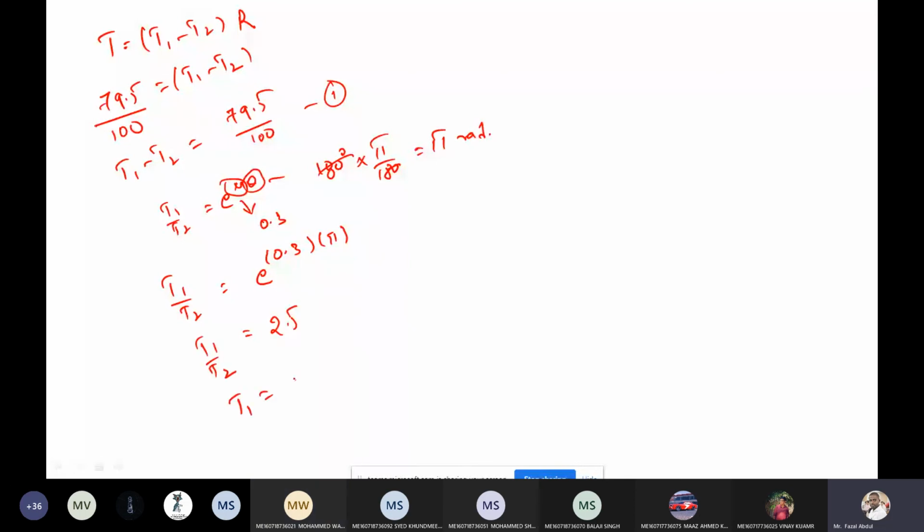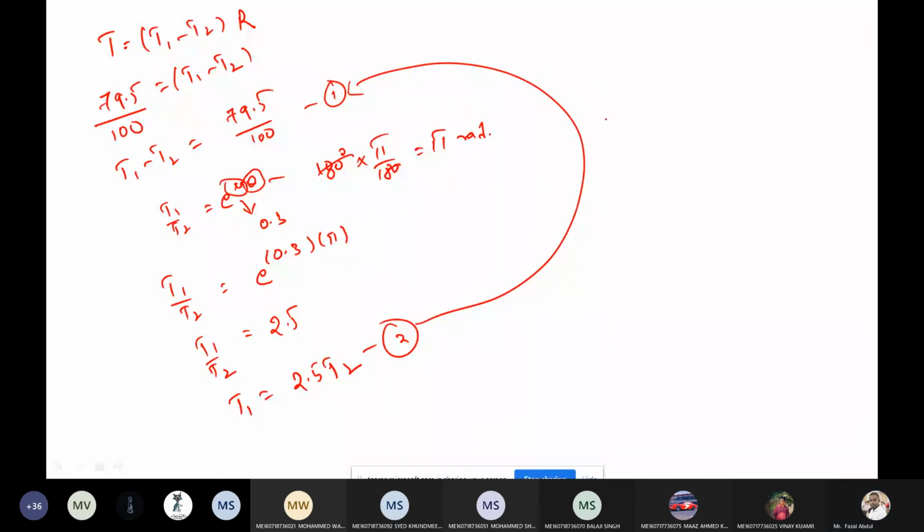Now T1 is equal to 2.5 T2. This is the second equation. Substitute T1 in the first equation: 2.5 T2 minus T2 equals 0.795. How much is T2?